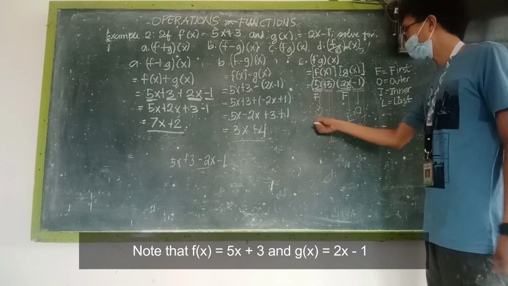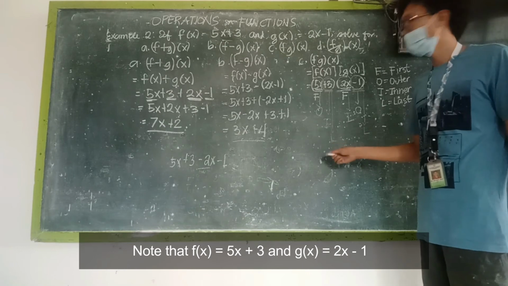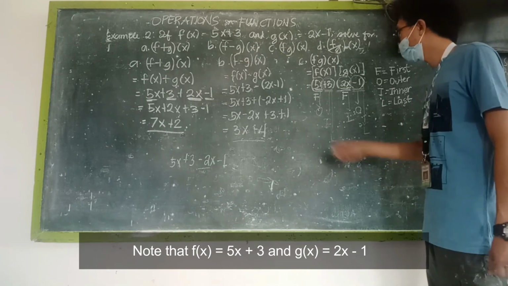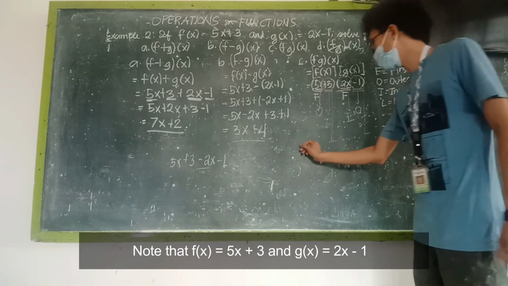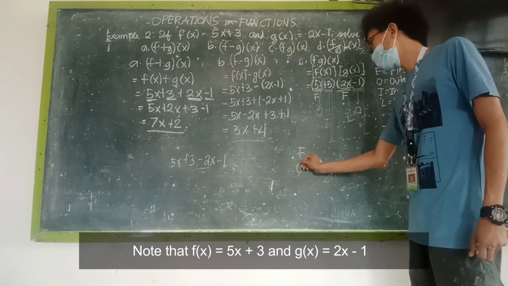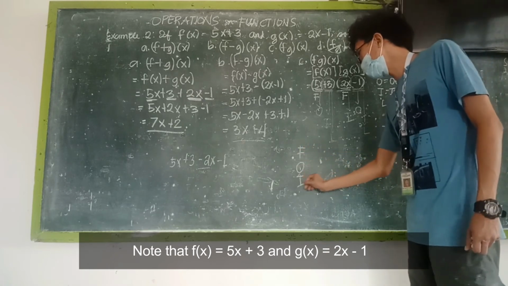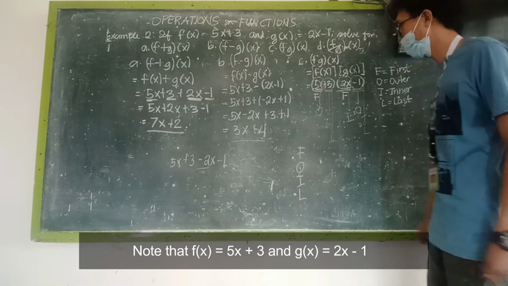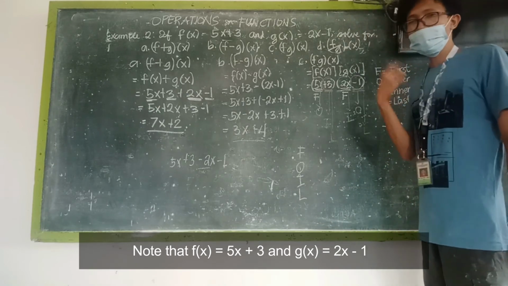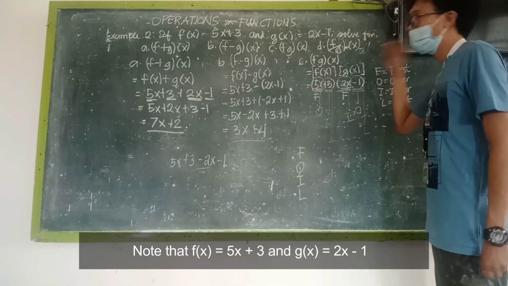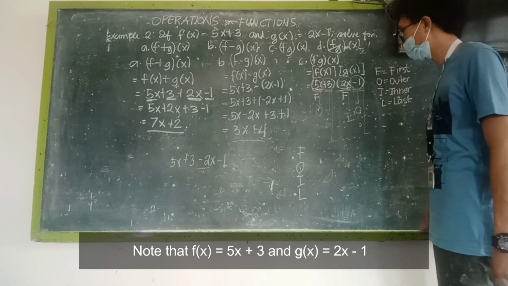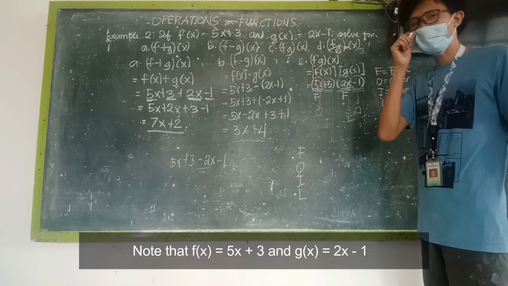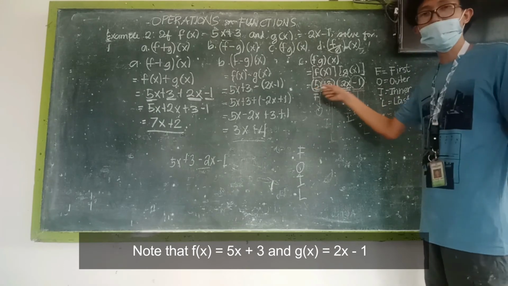So, first, outer, inner, at saka last. I-multiply natin ito based sa FOIL method. So, F, first, O, outer, I, inner, at saka L, last. So, nilabel natin kanina kung anong first, outer, inner, at saka last. So, sa first natin, we have 5x and 2x.